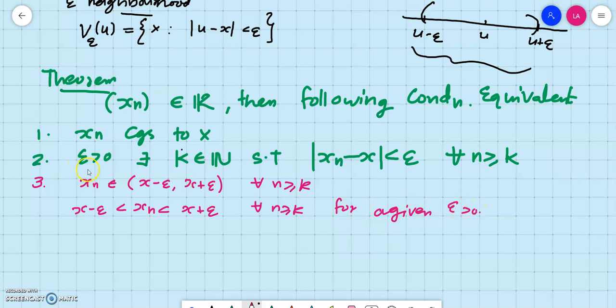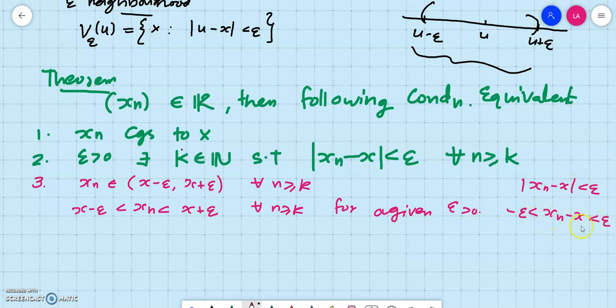That is, for every epsilon greater than 0, xn should be between x minus epsilon and x plus epsilon. This can be easily obtained because modulus of xn minus x less than epsilon means minus epsilon less than xn minus x less than epsilon.